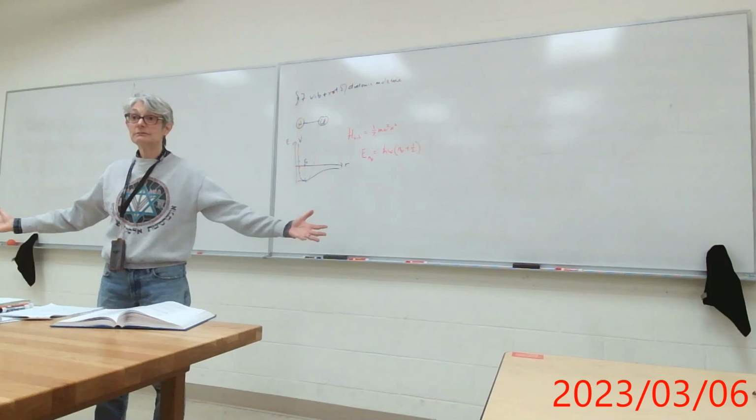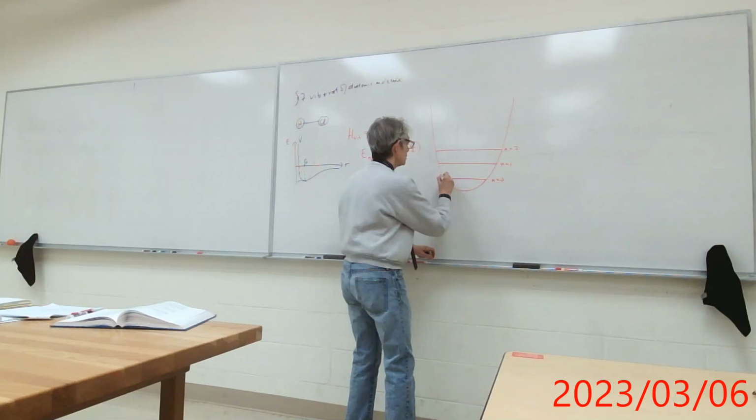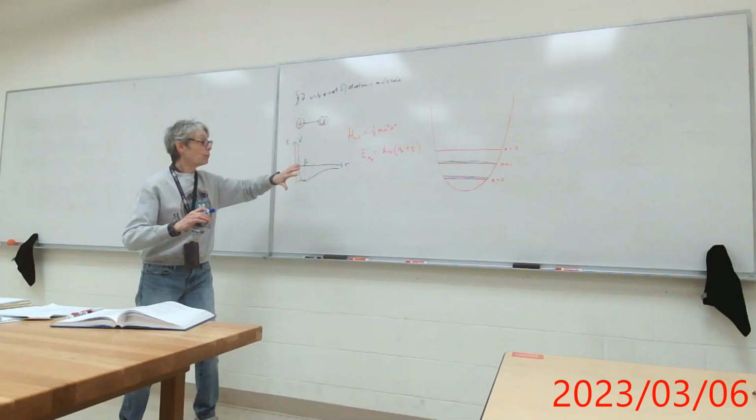And here we're going to find l can only be integer. So no half integers for the orbital angular momentum. So it's not exactly the same as J. And the other thing that we didn't do in chapter 3 was actually construct what these eigenfunctions look like in position space. So we're going to do that.